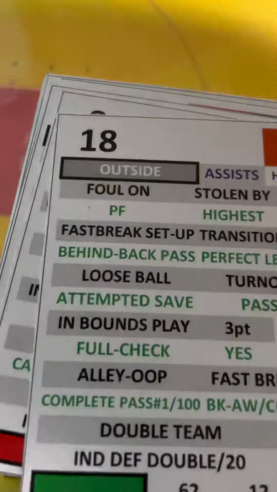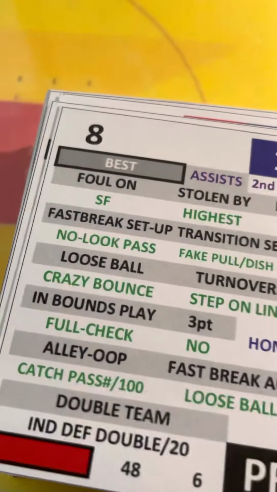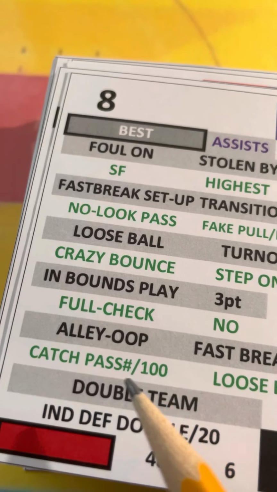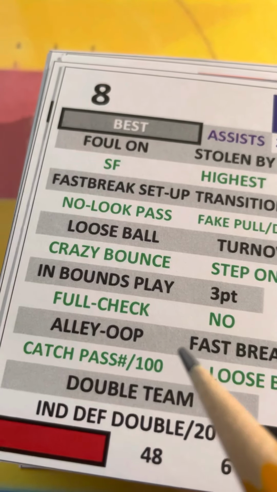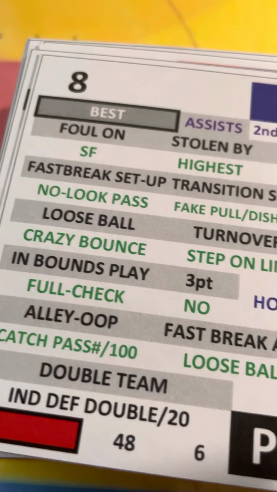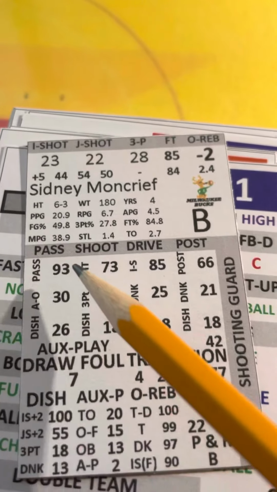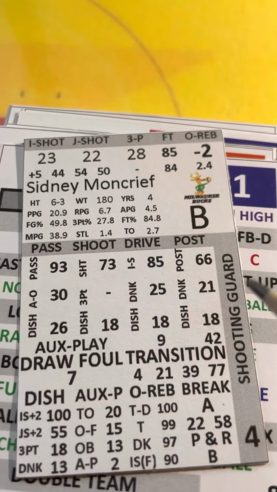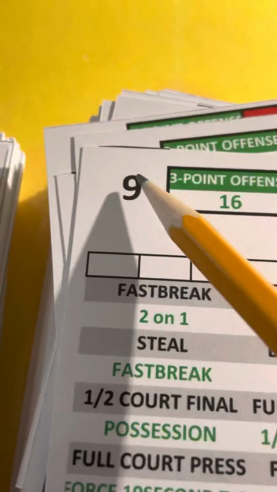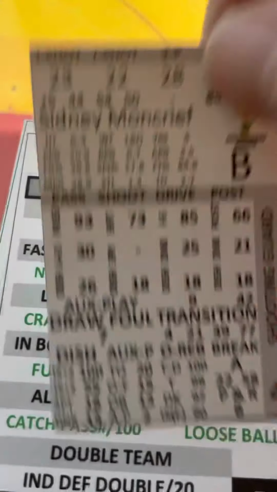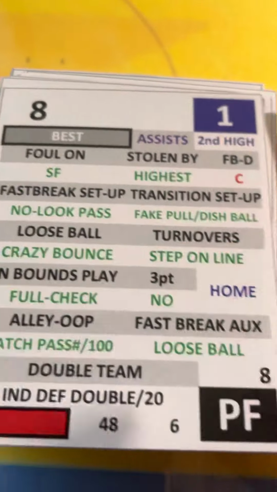You would flip the fact, take a look, and for the receiver to catch the pass, you flip the next fact card, and if it's within Sidney Moncrief's pass rating of 93, it's a completed alley-oop. In this case, it's a 9, so that's a 1 to 100 number, so that's a pretty easy pass for him.